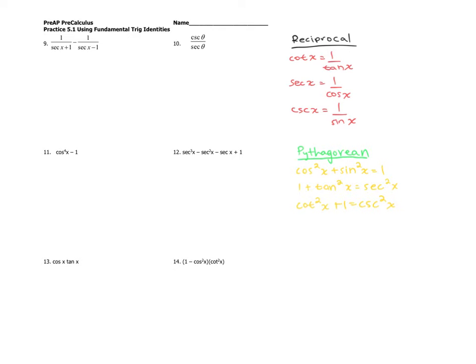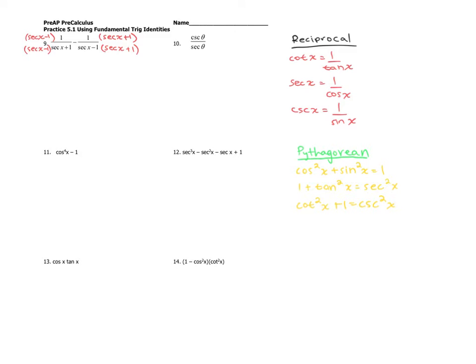We multiply this side by secant x minus 1, and this side by secant x plus 1. You're just making it so that the denominators are now equal. And remember, whatever you do to the bottom, you also have to do the top. So secant x minus 1 times, and this side is secant x plus 1.